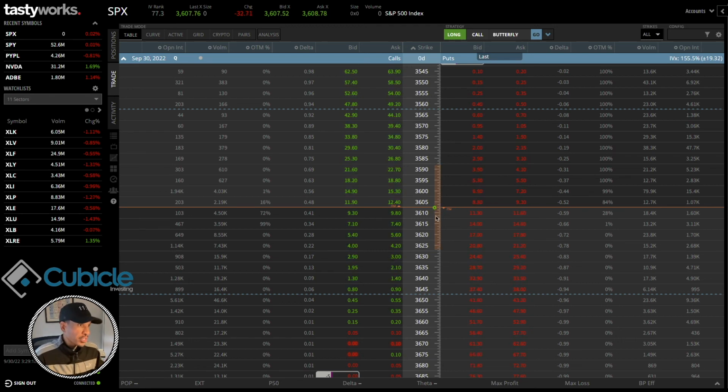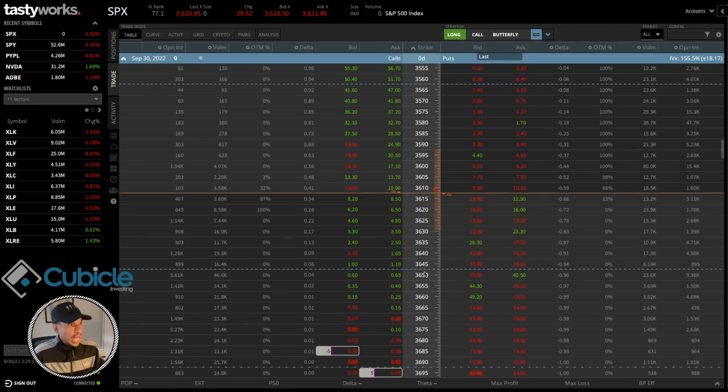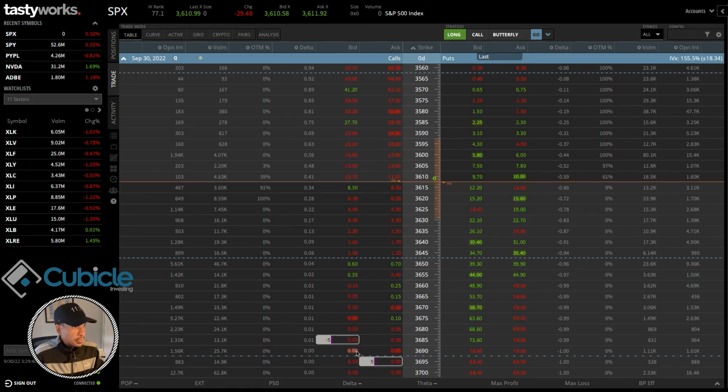So even if the price tries to move up, considering that 10 out of the 11 sectors that make up the S&P 500 are in the red, I don't look at the vertical credit spread being tested by the increase in the value of the underlying, because again, there is a major headwind because the majority of the sectors of the S&P 500 are in the red. So hopefully that makes sense.